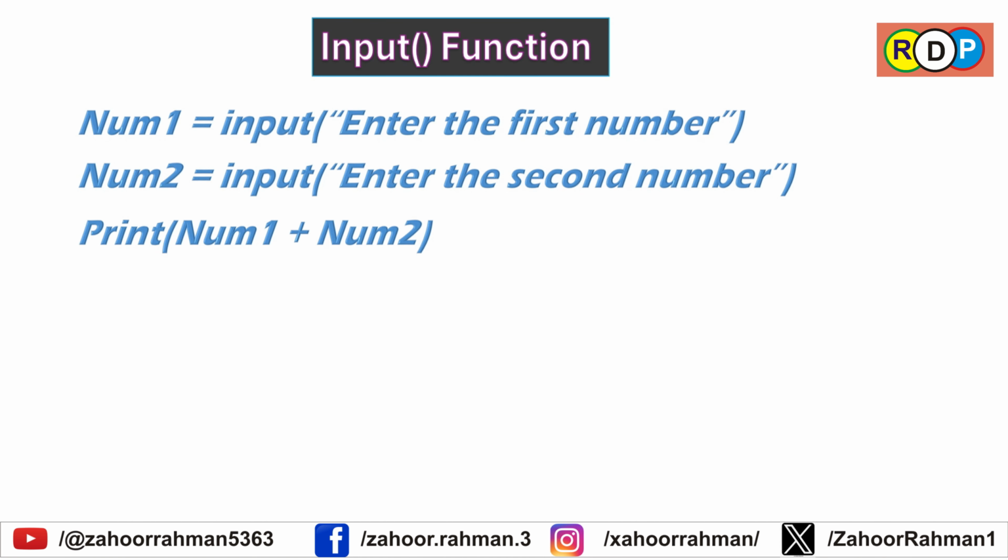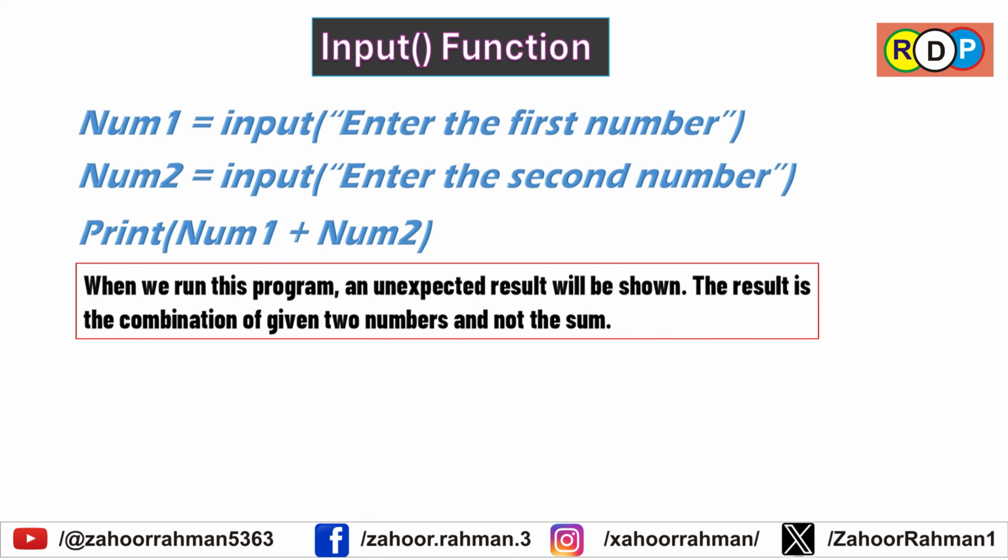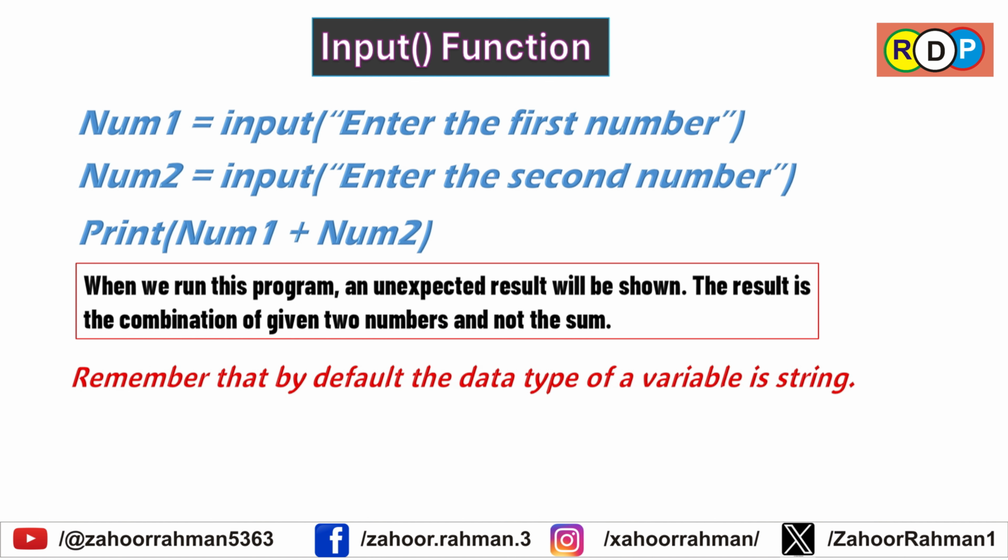447. Ladies and gentlemen, we learned two things. One is what an overloaded operator is, and the second one is typecasting. We will discuss it now theoretically, but first let me tell you, when we run this program, an unexpected result will be shown. The result is the combination of the given two numbers and not the sum, as you saw in the practical example.